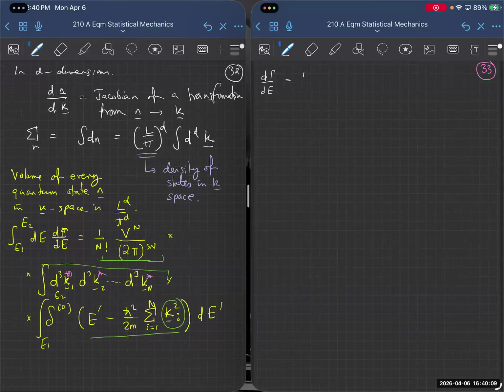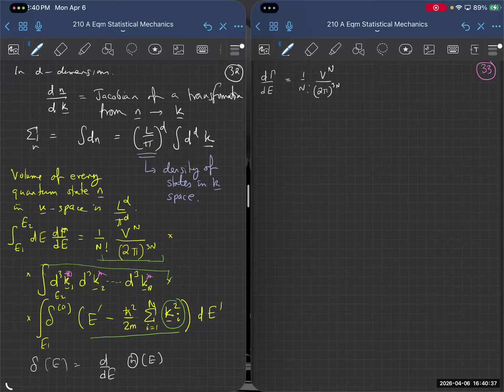This is 1 over n factorial, V to the n over 2 pi to the 3n, and then d by dE, since this delta function, delta of E, is d by dE of the Heaviside function.